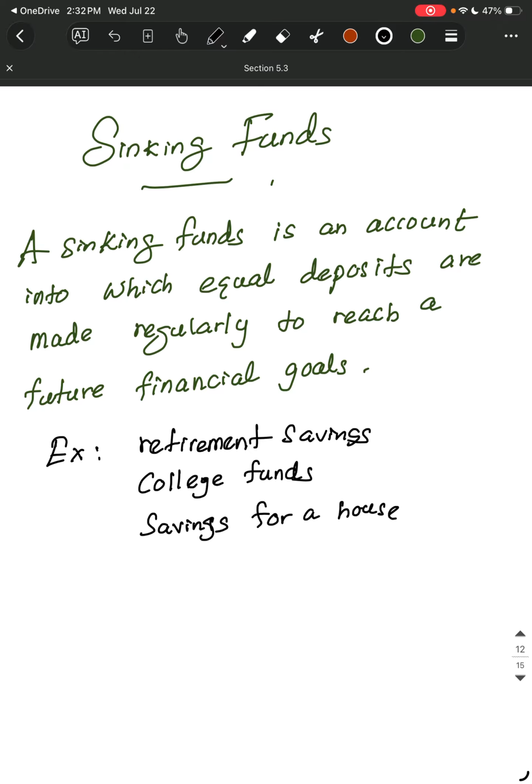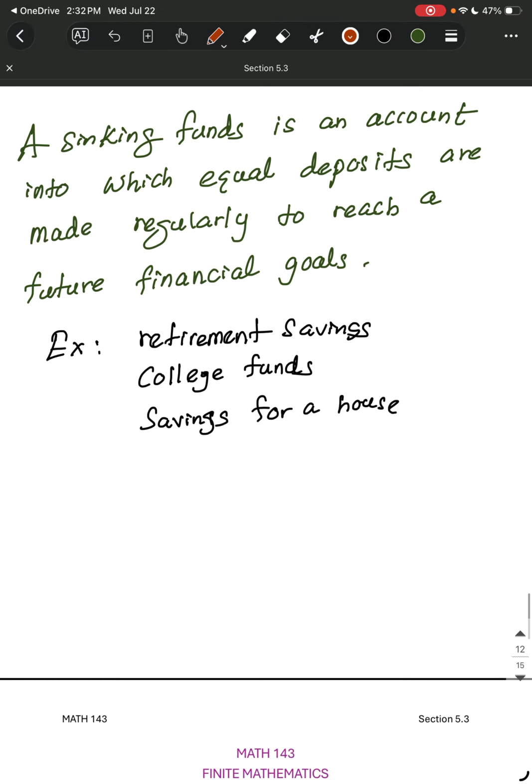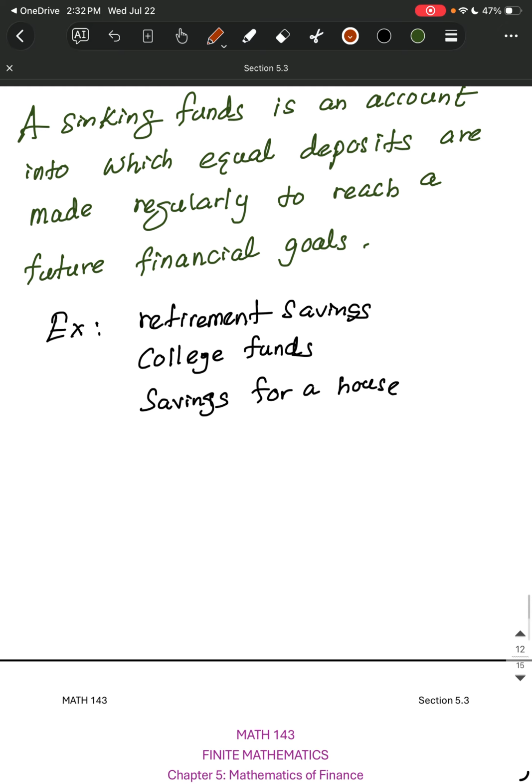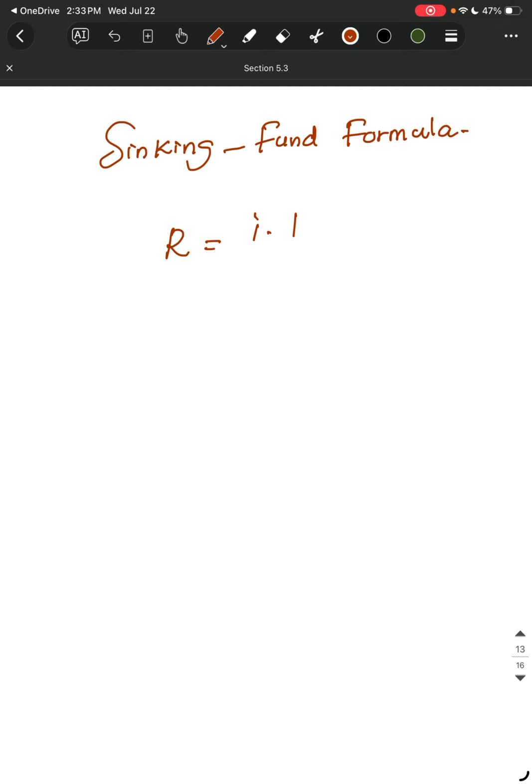Okay. Then let's see the formula for sinking funds. R equals I times the future value over (1 plus I) to the power n minus 1, where R is the deposit payment, or deposit per period.